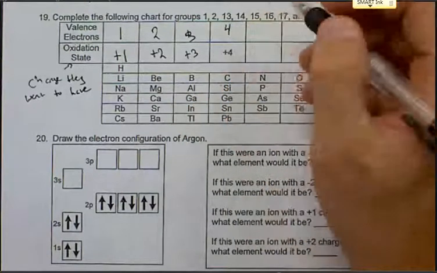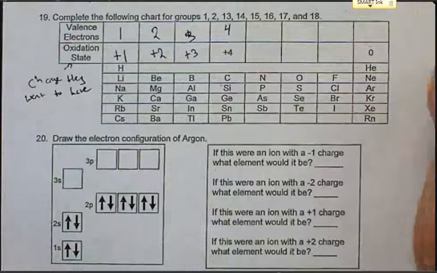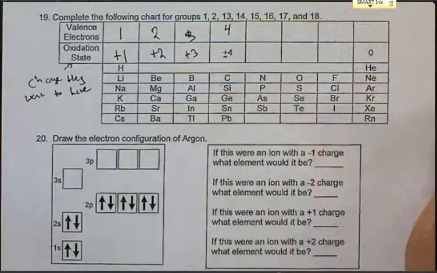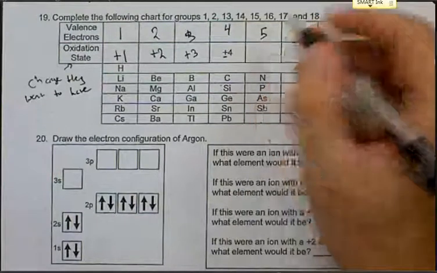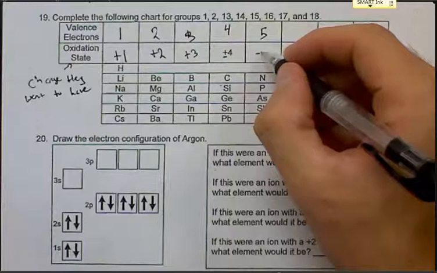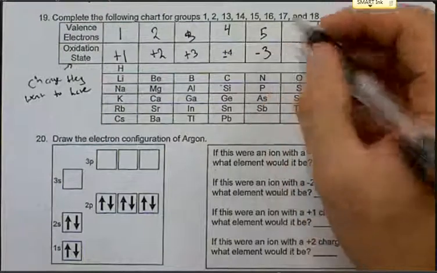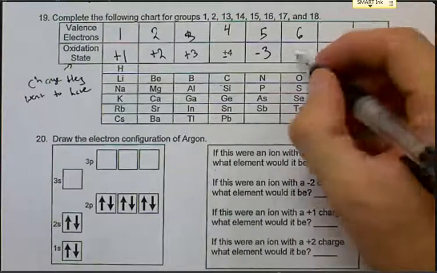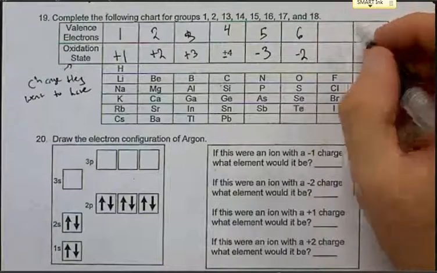Carbon has 4. Now this is going to go either way. It can either lose all 4 or it can gain 4, which means it's going to be either +4 or -4 is the charge it's going to take when it's all done. We just did this one. Nitrogen is going to take 5 valence electrons and have a charge of -3. Oxygen has 6 valence electrons, has a charge of -2 when it's reacted.